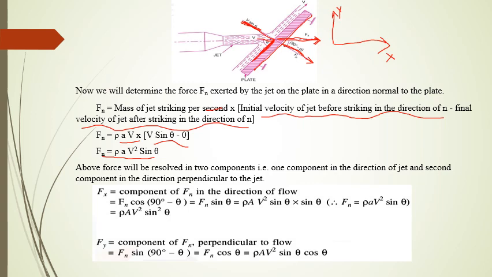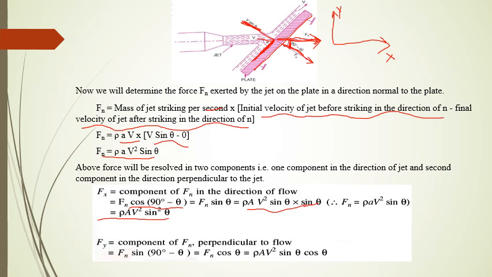So the force exerted in the horizontal direction becomes Fn cos theta, where the angle here is 90 degrees minus theta. That means Fx equal to Fn cos(90 minus theta). Cos(90 minus theta) becomes sin theta. Substituting the Fn value, we get rho AV square sin theta into sin theta. That means Fx equal to rho AV square sin square theta.